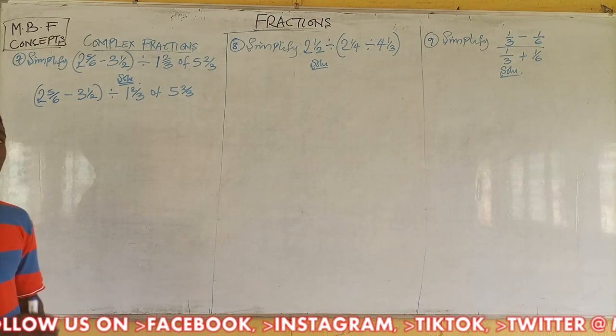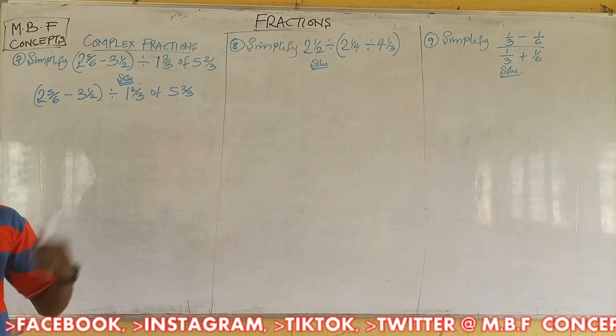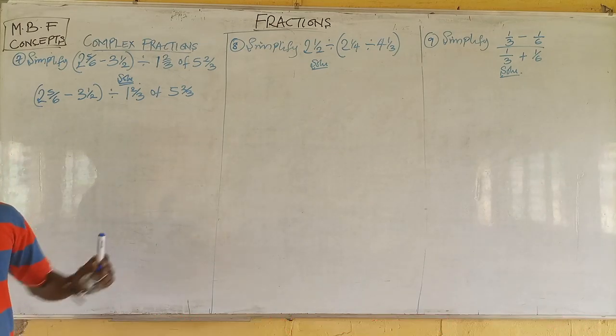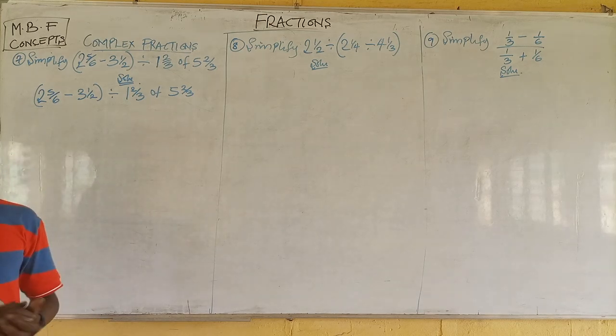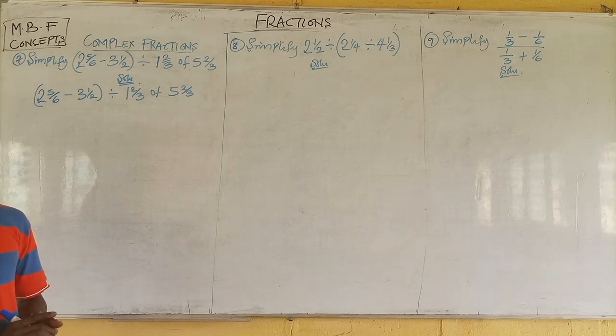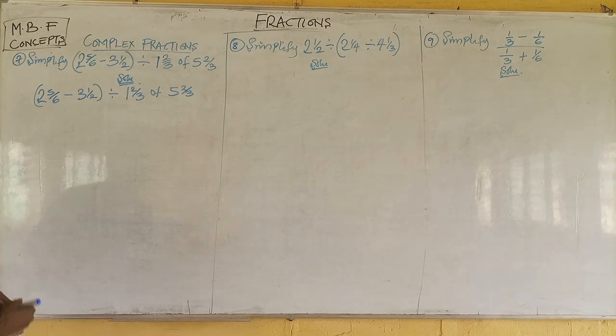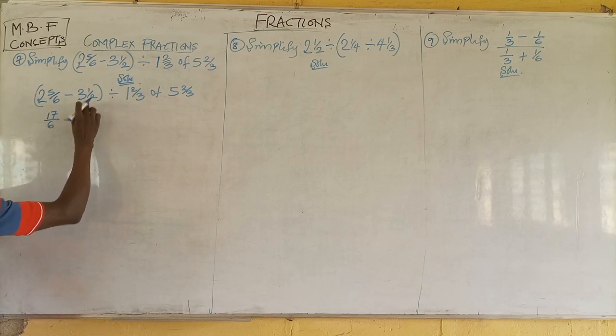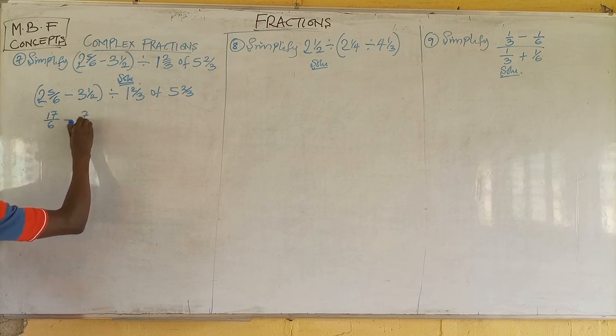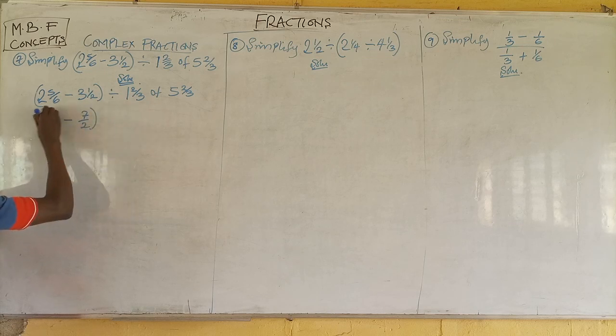The first thing you do, before we look at the signs that are present here, is to convert all of these whole number fractions into improper fractions. Now we are going to have 6 times 2 is 12, plus 5, we have 17/6, minus 3 times 2 is 6, plus 1, we have 7/2.